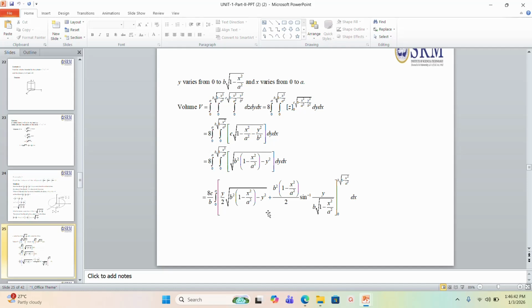So now upper limit minus lower limit. Upper limit of y is equal to b into root of 1 minus x square by a square. Now y by 2 into root of b square into 1 minus x square by a square minus y square, plus, as y is equal to this value, minus the lower limit of y equal to 0.